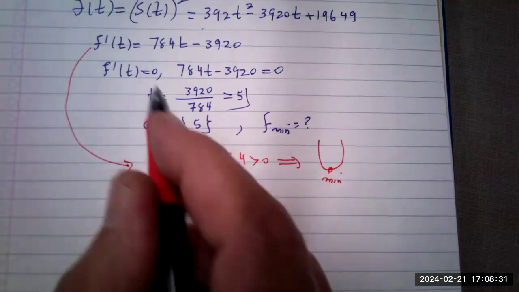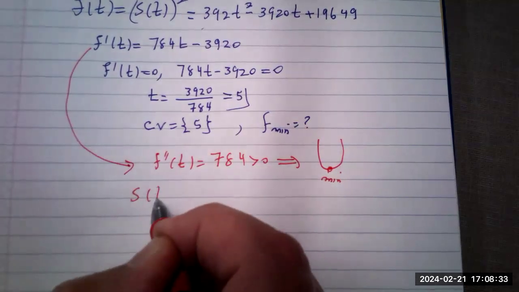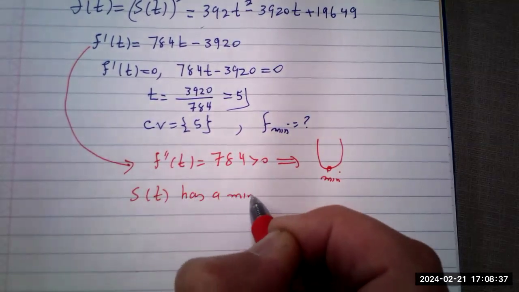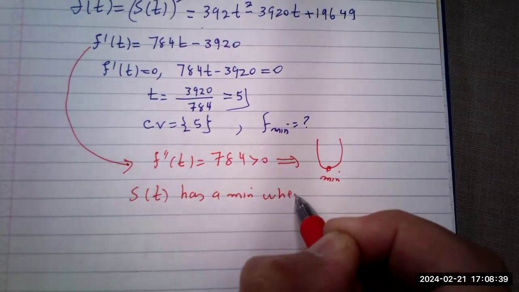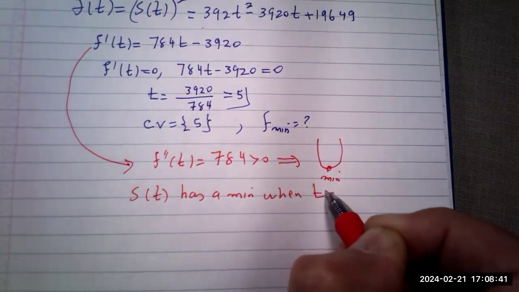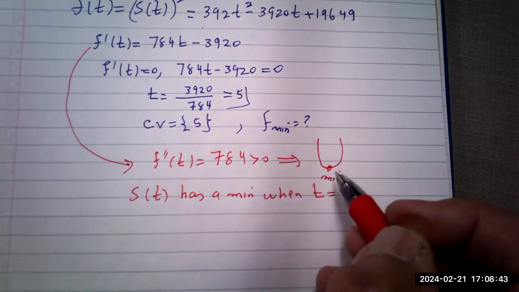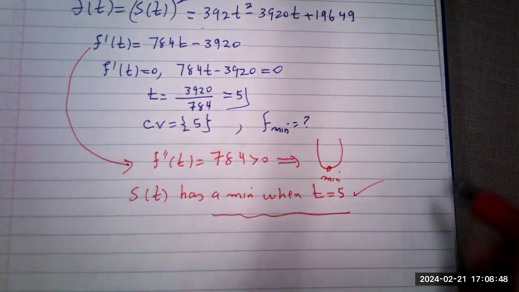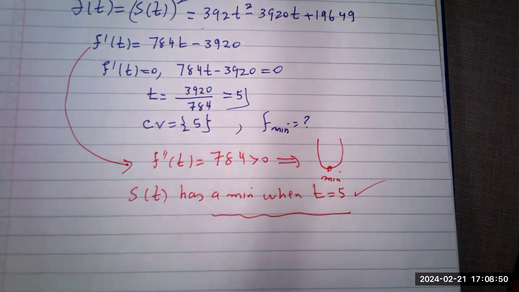So we find out that s of t has a minimum when t is equal to 5, whichever 5 seconds, whichever measurement is given to you. Okay, since they ask only for the value of t, you better square it, get rid of that radical.